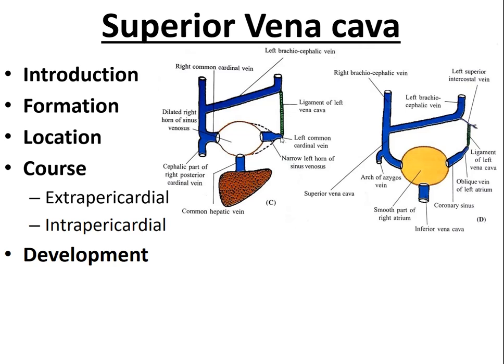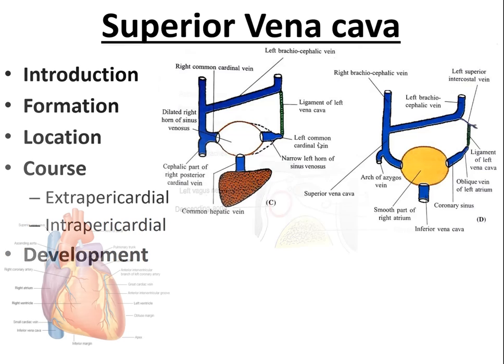The left common cardinal vein will form the oblique vein of the left atrium, while the left horn and body of the sinus venosus form the coronary sinus.